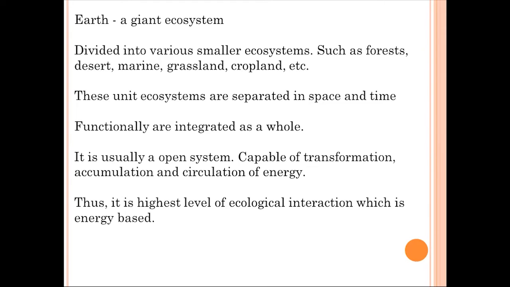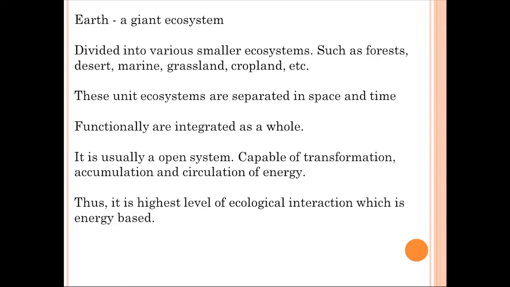Earth is considered as a giant ecosystem, and in order to study it for our convenience, it is divided into various smaller ecosystems such as forest, desert, marine ecosystem, grassland ecosystem, croplands, etc. These unique ecosystems are separated in space and time.